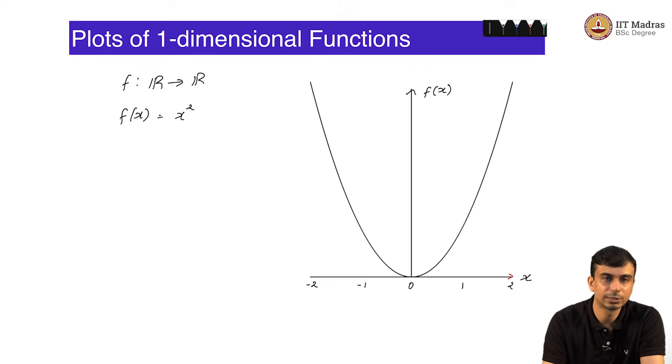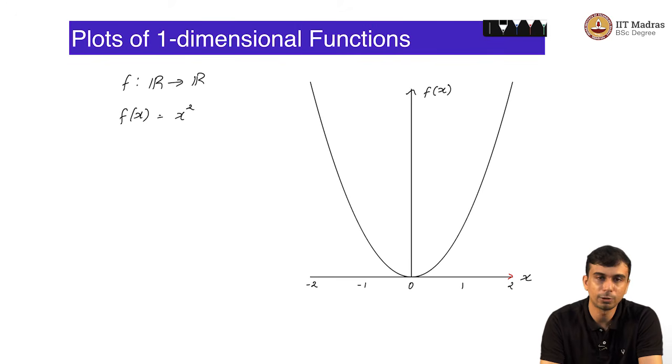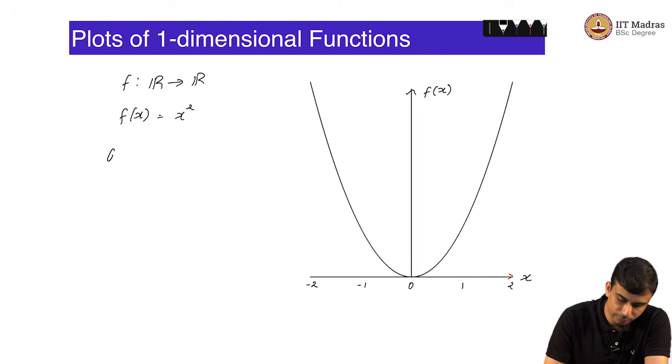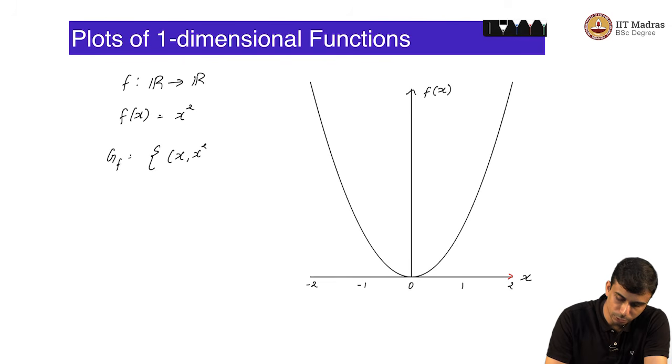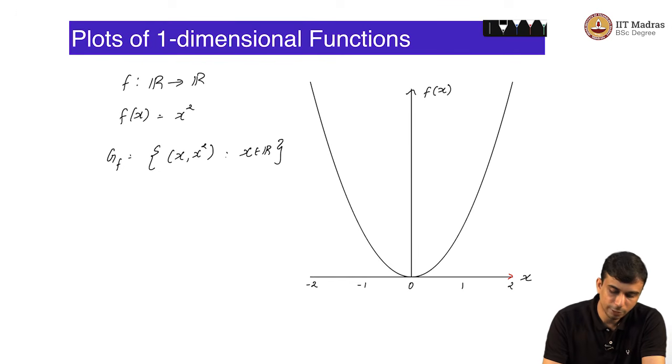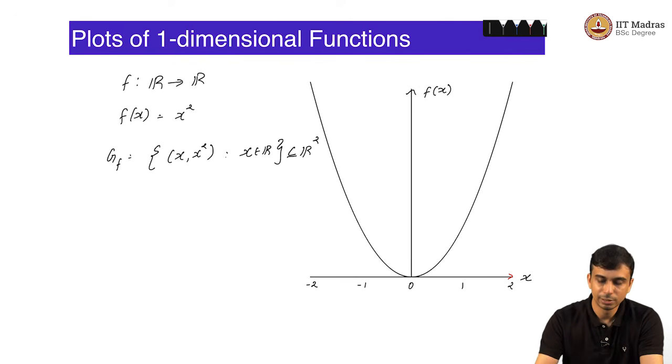The graph of this function is a subset of R2 now, because f is a function from R to R. Gf is simply equal to the set of x comma x squared such that x belongs to R. It is a subset of R2, but really you can imagine the graph on a paper, where all the ink on the paper for this curve corresponds to a subset of R2, and that is the graph of this function.